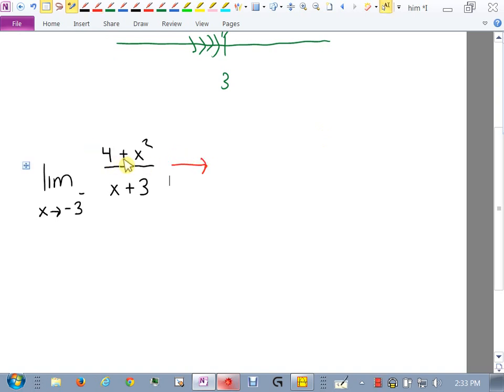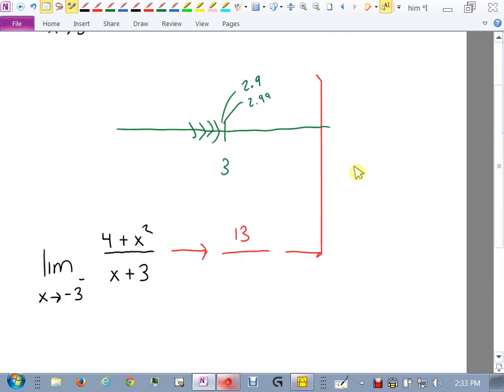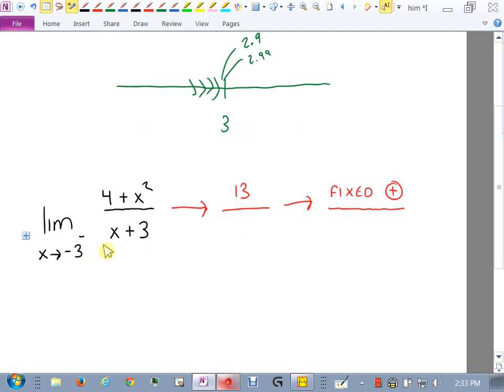What's 4 plus, what am I plugging in? -3. -3 squared is 9, so 4 plus 9 is 13. So I have a fixed positive number, right? Will it always be fixed positive? No. Could be fixed negative. And then on the bottom, -3 plus 3 is 0. So I know right now it can be infinity, negative infinity, or does not exist.